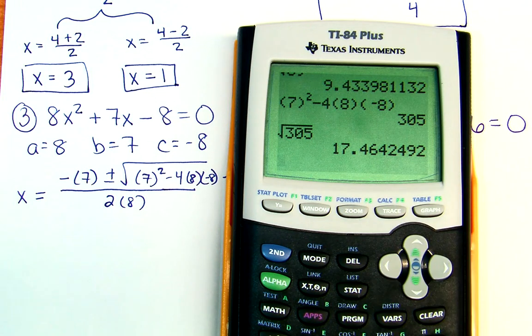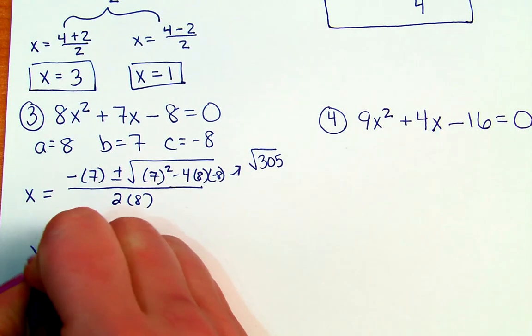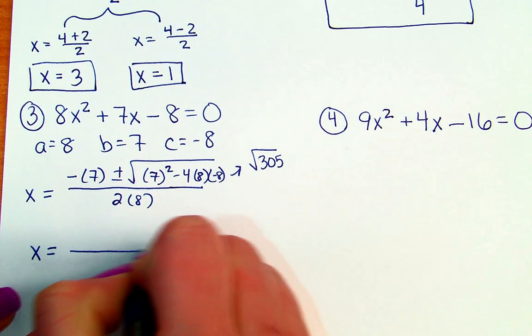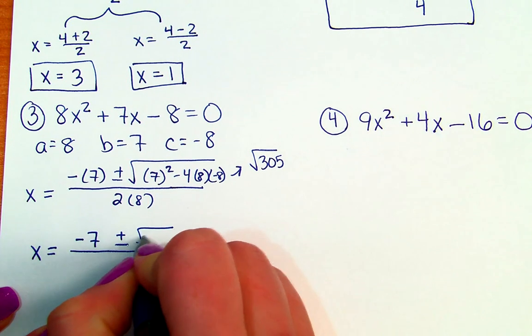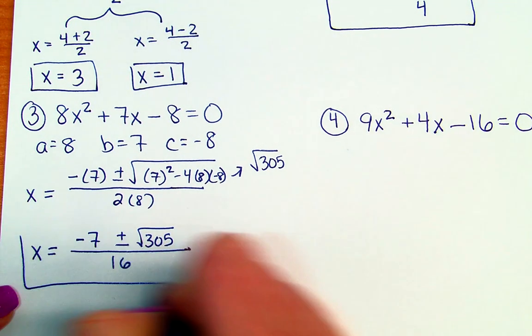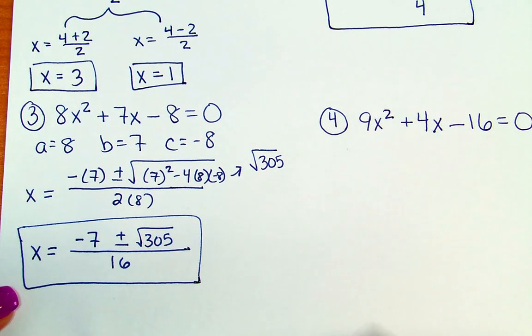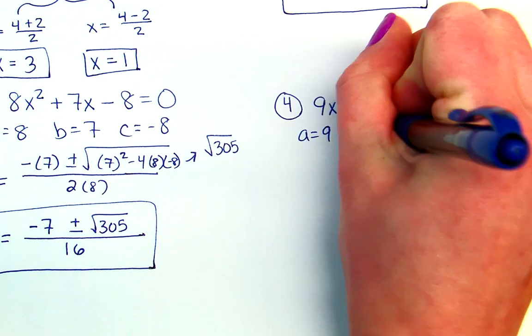This is also irrational. So I'm going to leave the square root as is and just plug it back into my formula. So negative of positive 7 is negative 7, plus or minus the square root of 305 all over 16. And we're finished.